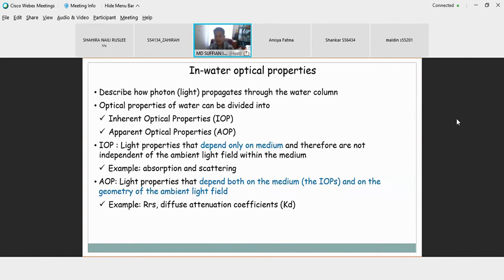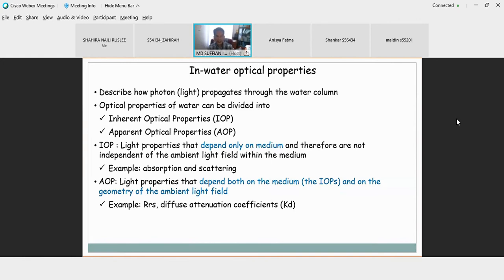Begitu juga untuk suspended particle, non-pigmented particle, inorganic particles, they absorb in the blue and reflect light in the green. Dan dia juga bergantung kepada size, bergantung kepada shape. So itu kita panggil sebagai IOP. Dia cuma bergantung kepada medium atau particle saja.